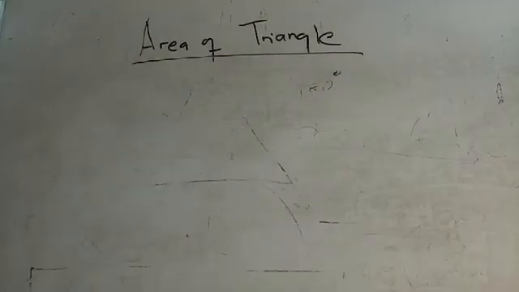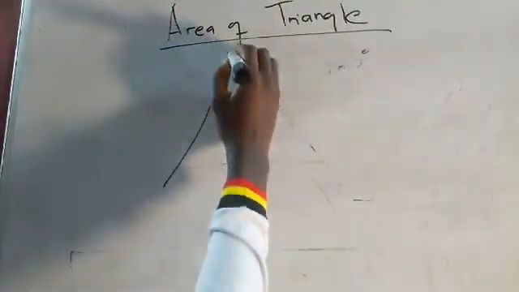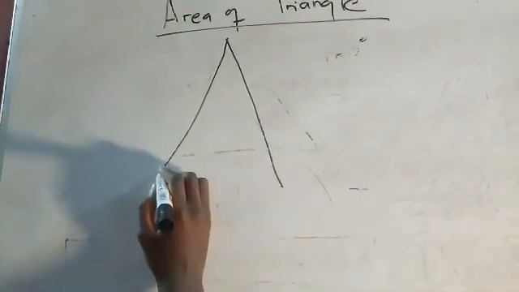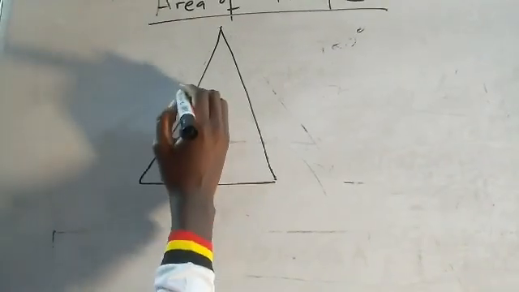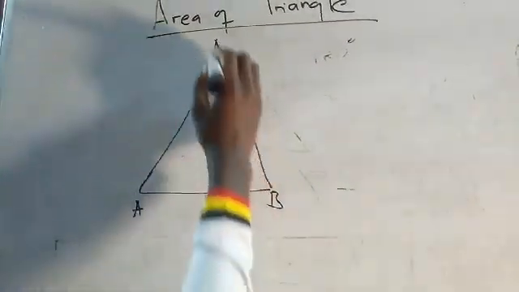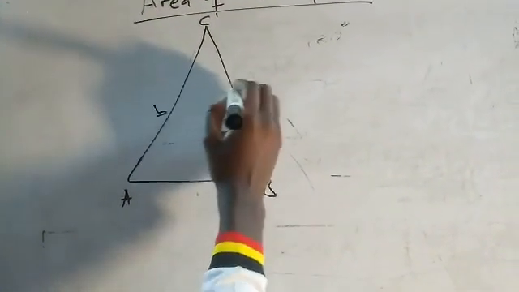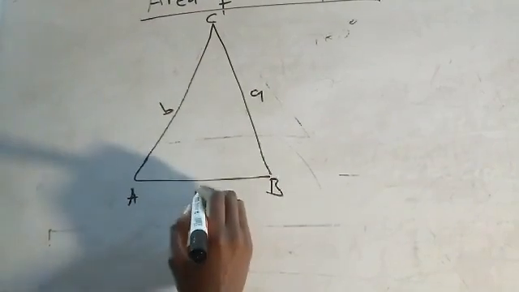So let's have our triangle like this, which is this one A, B, C. This side will reflect b, this one a, and this one c.